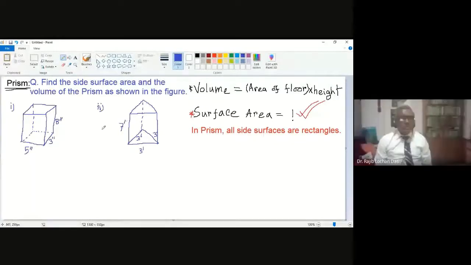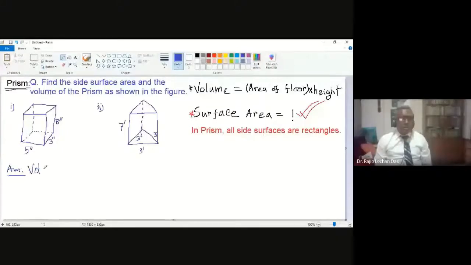So I am doing answer 1. So let me find out volume first. It is easy. So what is the volume formula? That will be the floor area into height. This is the formula.